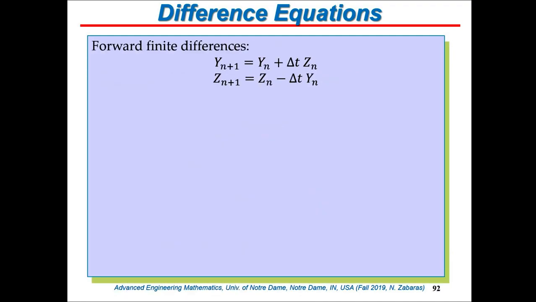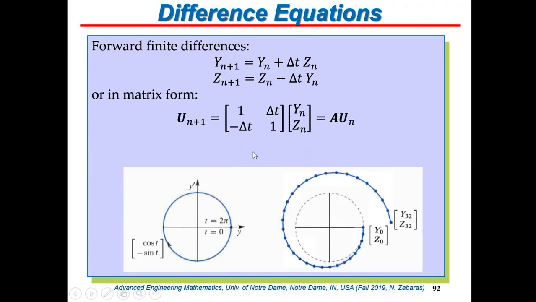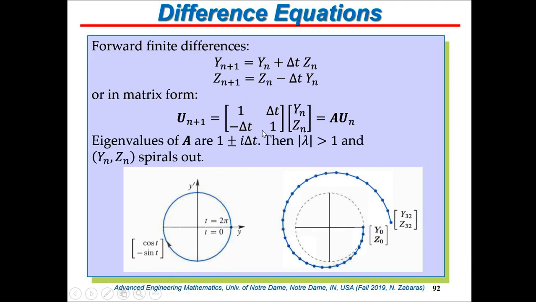So again, this is the system. What we need to do is compute the eigenvalues of this matrix. If you compute those eigenvalues, you can immediately see that the eigenvalues are 1 plus minus i delta t, where delta t is the time step. And you can see that the magnitude of these eigenvalues is greater than 1.